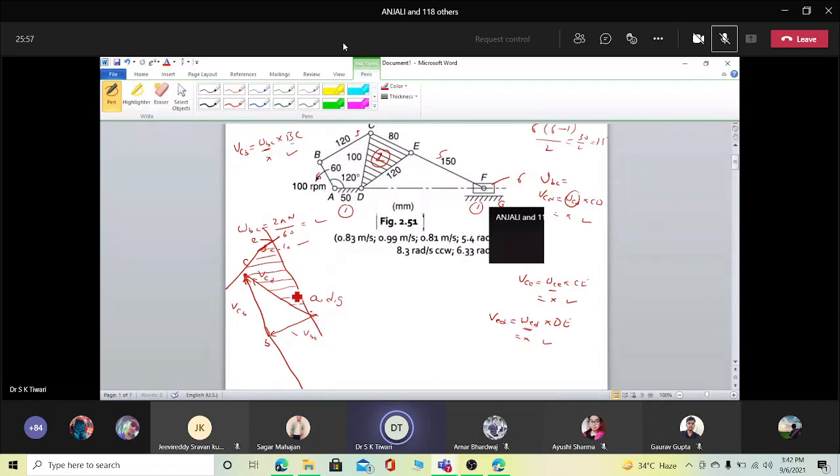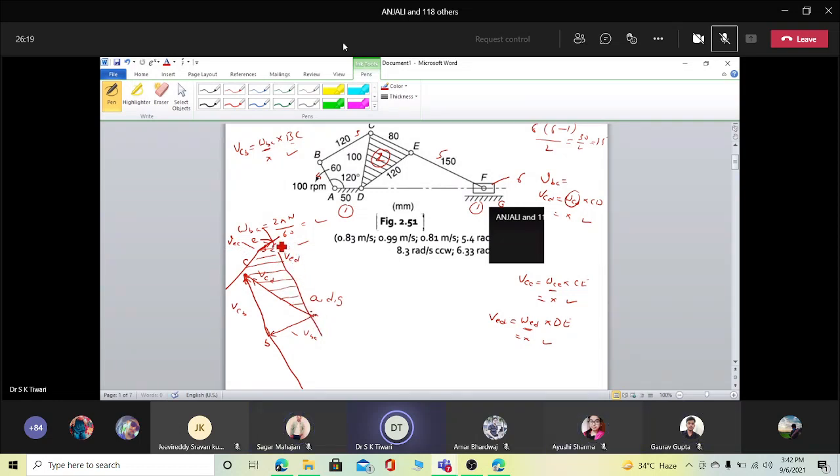You are moving in the clockwise direction. Yes, sir. It means you have located it correctly. This is the E point. So this will give you the velocity of E with respect to C, and this will give you the velocity of point E with respect to D, or the absolute velocity.